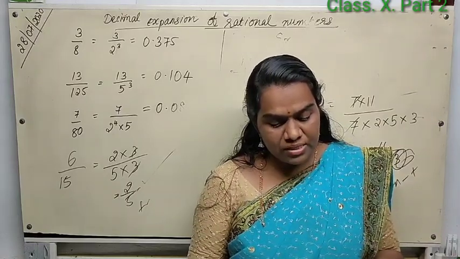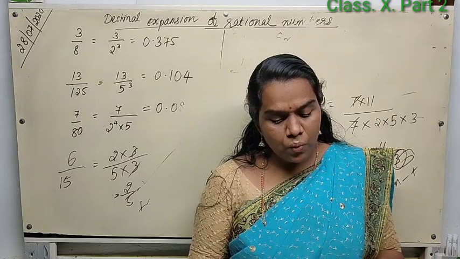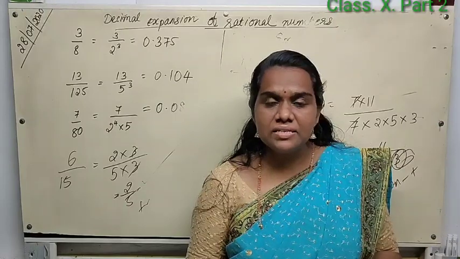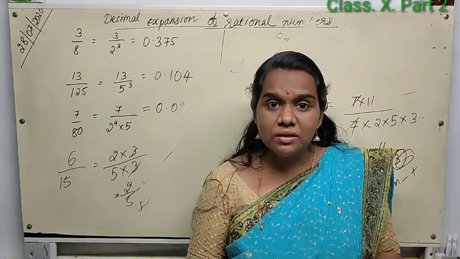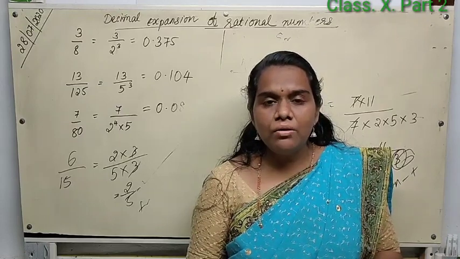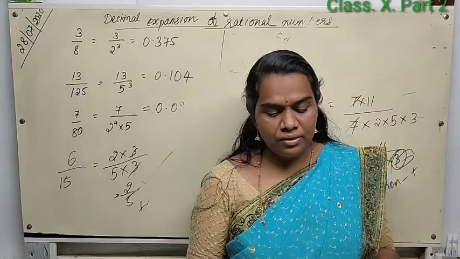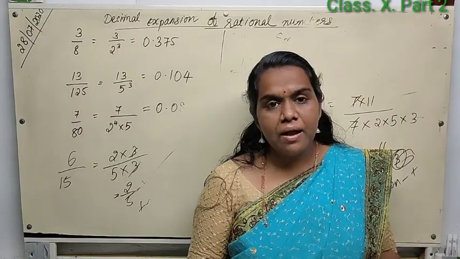The next one is 0.120120012000. Last year we studied like this. Is it rational or irrational? It is irrational, non-terminating, non-recurring. The last one is 43.123456789 with a bar.